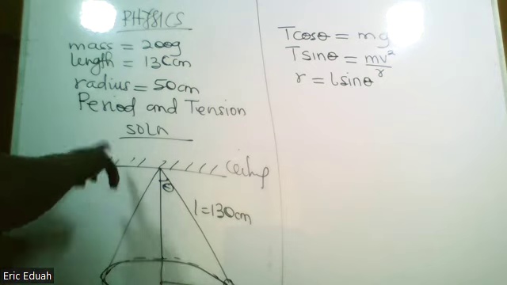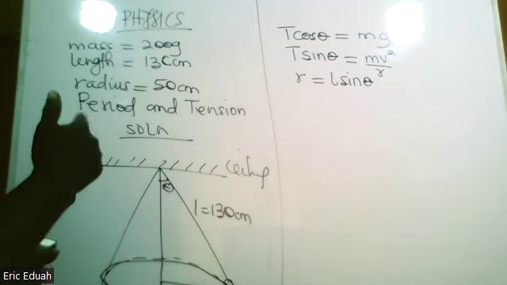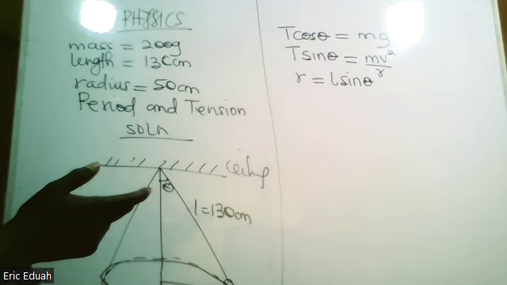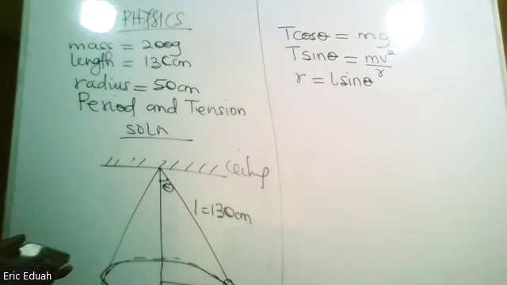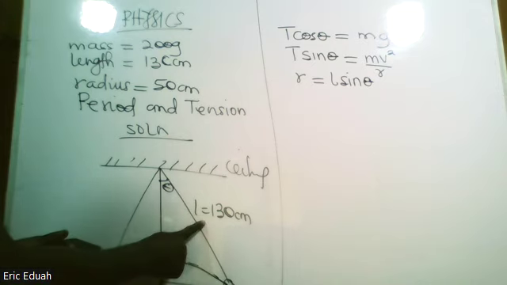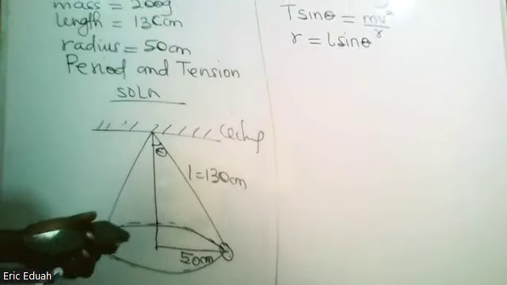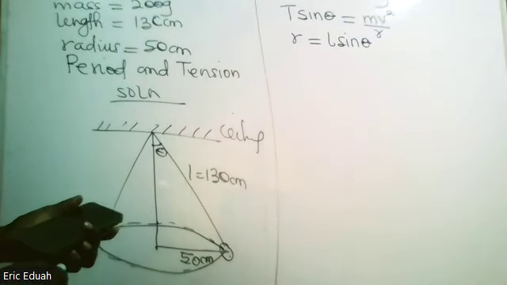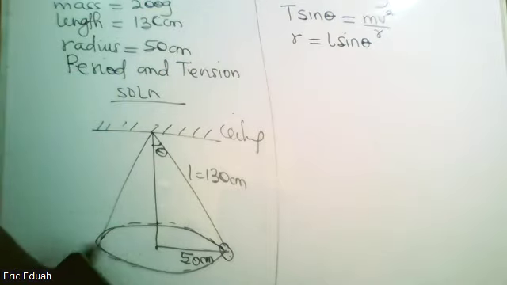This question requires the period. First, let's see if we can determine the tension. Then we determine what follows. Now, we have the length, we have the radius of the circle. And so we can find the angle of inclination, which would help us find the tension.